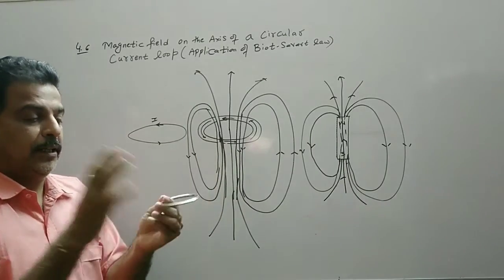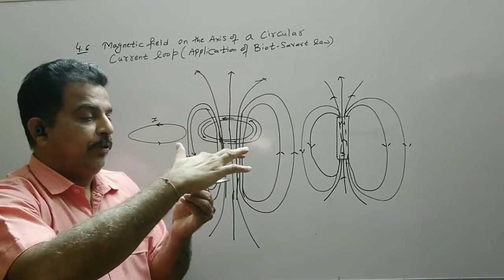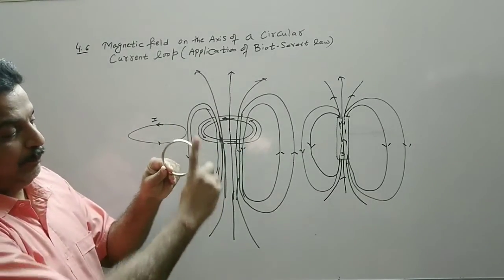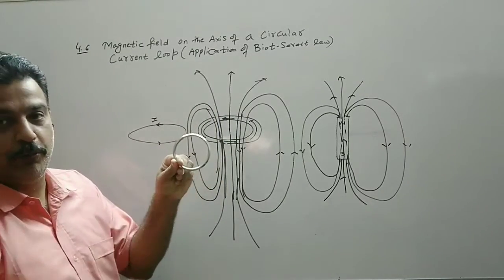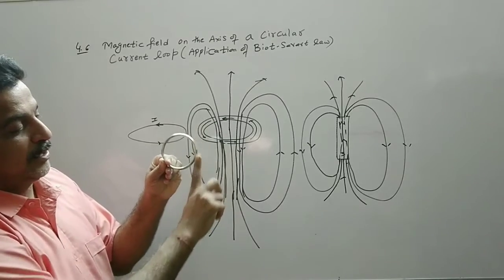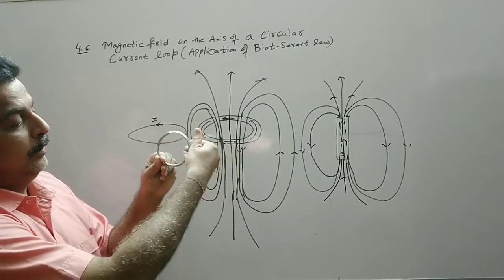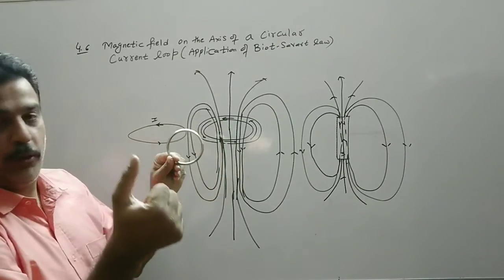Otherwise, you apply the right hand thumb rule. You divide this ring into 4 parts. Say this is one part, this is the second part, this is the third part, and this is the fourth part. If I take only this part, the current is moving up. So thumb up, right hand thumb rule. My fingers will come outward.